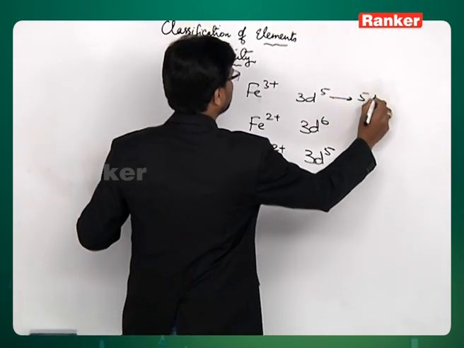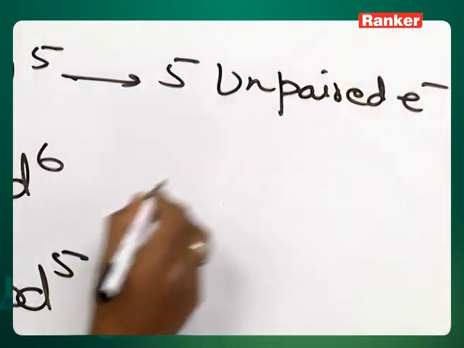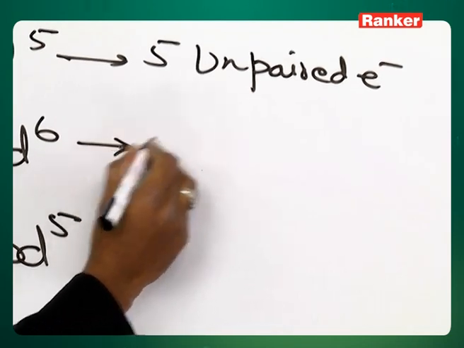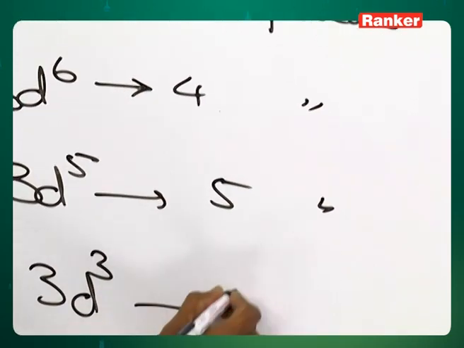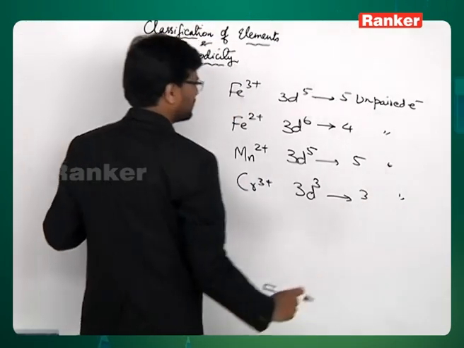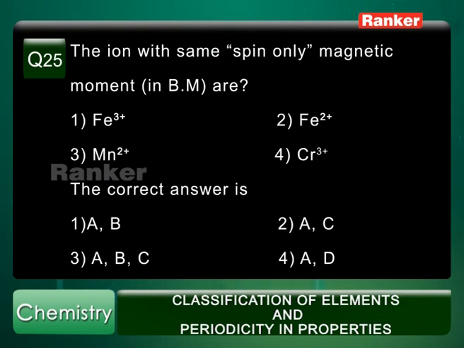This has 5 unpaired electrons, this has 4 unpaired electrons, this has 5 unpaired electrons and this has 3 unpaired electrons. So, it is ferric and manganese, which have same number of unpaired electrons, their spin only magnetic moment is expected to be same. So the correct answer is second option A, C.